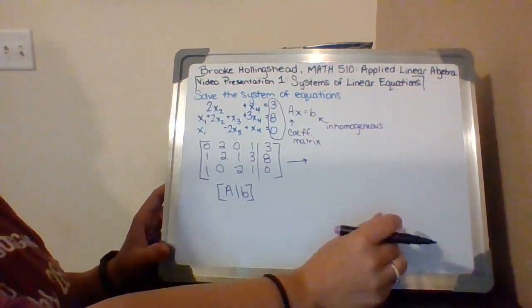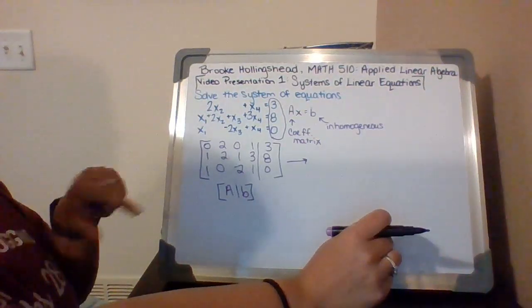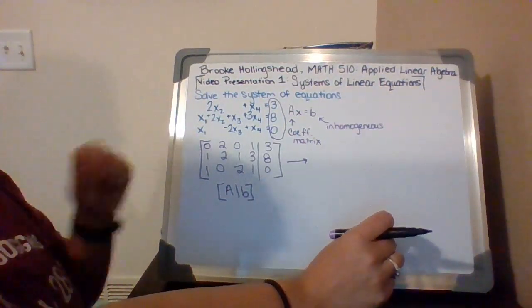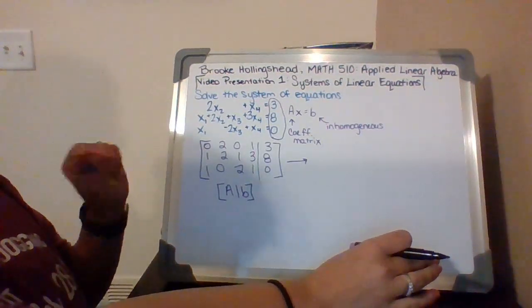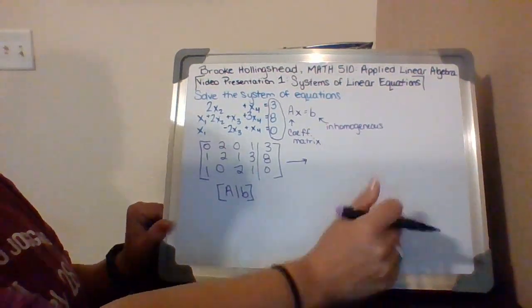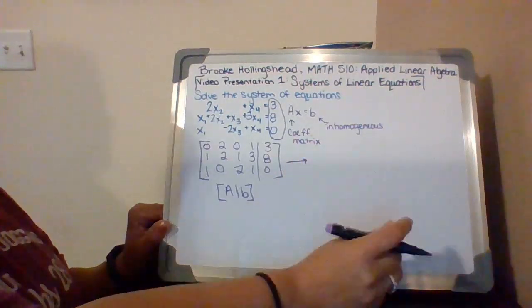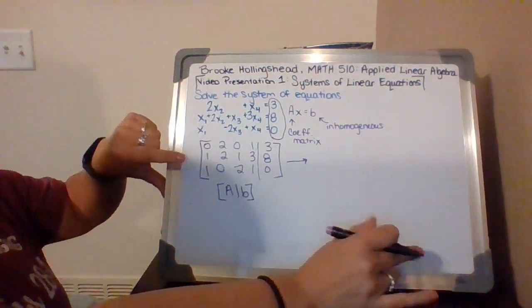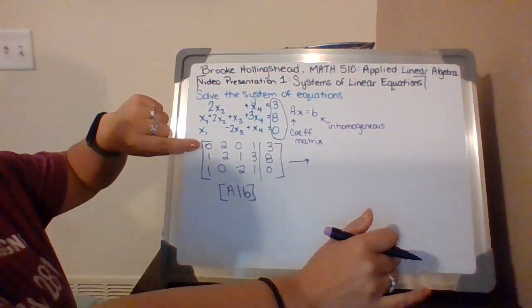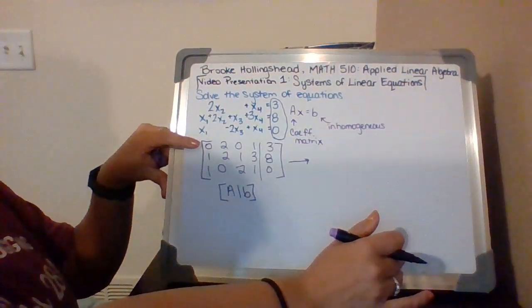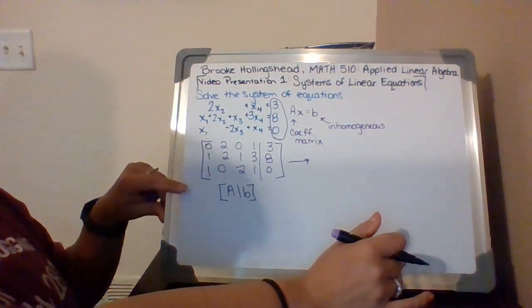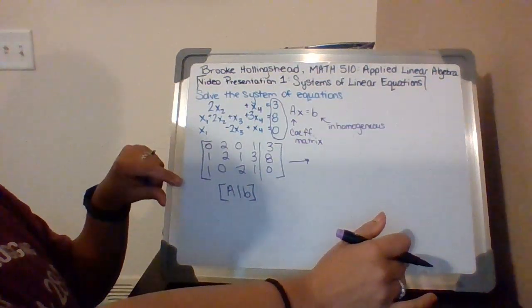So there are 3 ways to do that. We can switch rows, we can multiply a row by a non-zero term, or we can add multiples of rows together. Our goal is to get our leading term, the top left term to start with, to be a 1, and everything under it to be zeros.